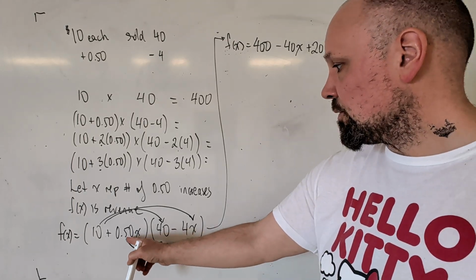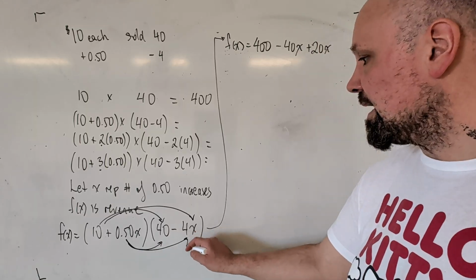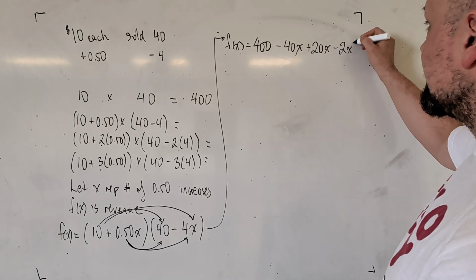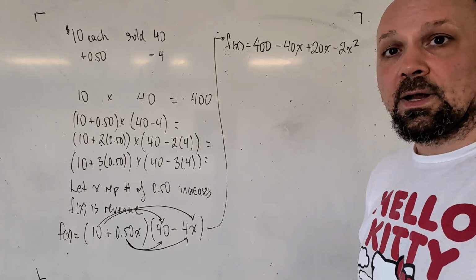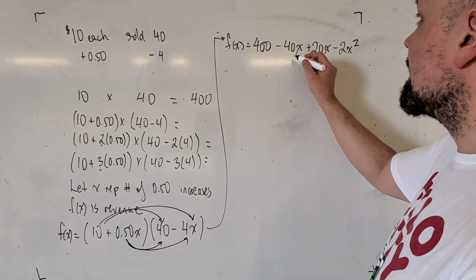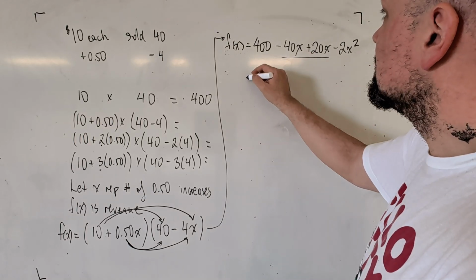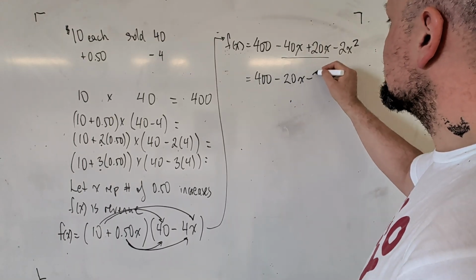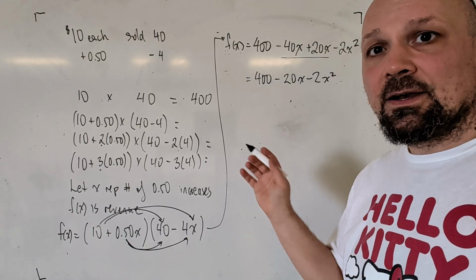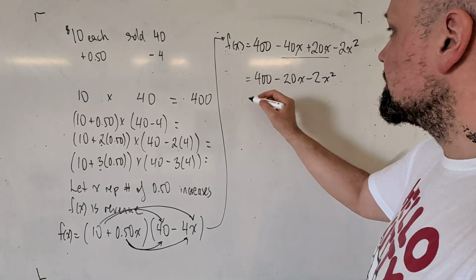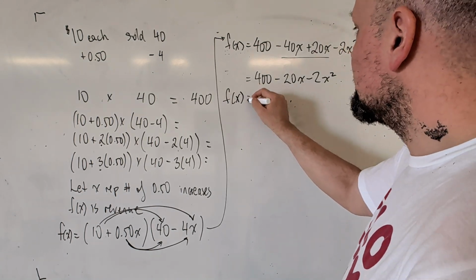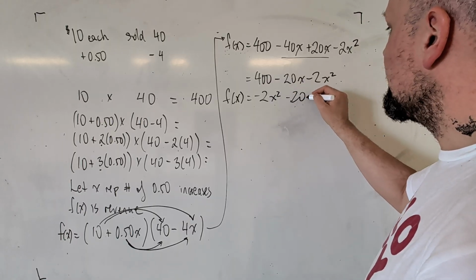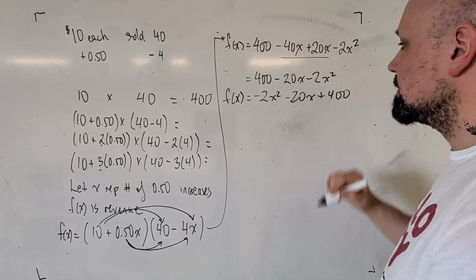And 0.50 times negative 4 is minus 2x squared. Now I'm going to collect like terms: 400 minus 20x minus 2x squared. And then I'm going to rearrange it so that the squared term is first. So my final function is negative 2x squared minus 20x plus 400.